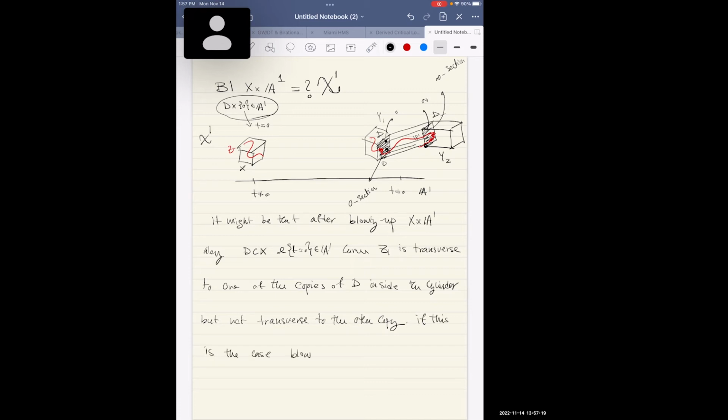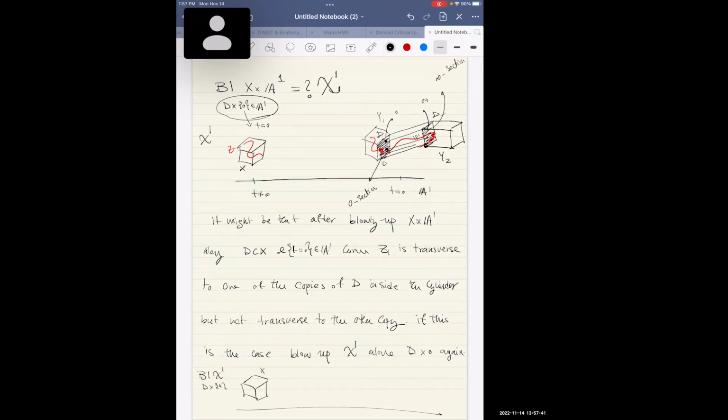blow up the new family X prime along D times 0 again. Okay, if you did that, the blow up of X tilde times D times 0 would be a new family. Again, nothing has changed over the generic fibers.